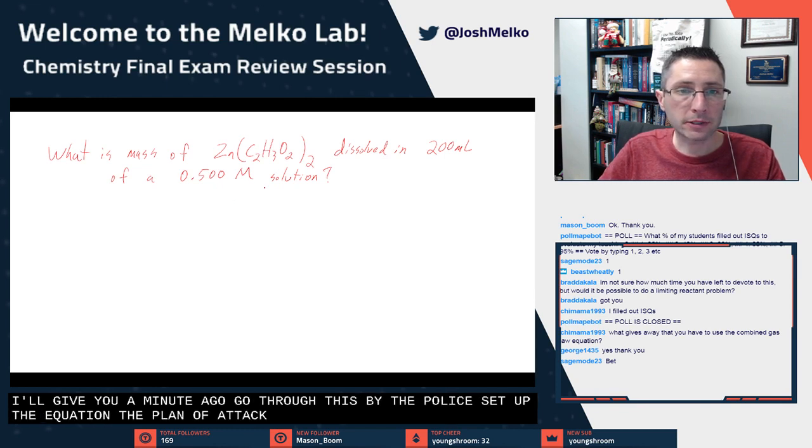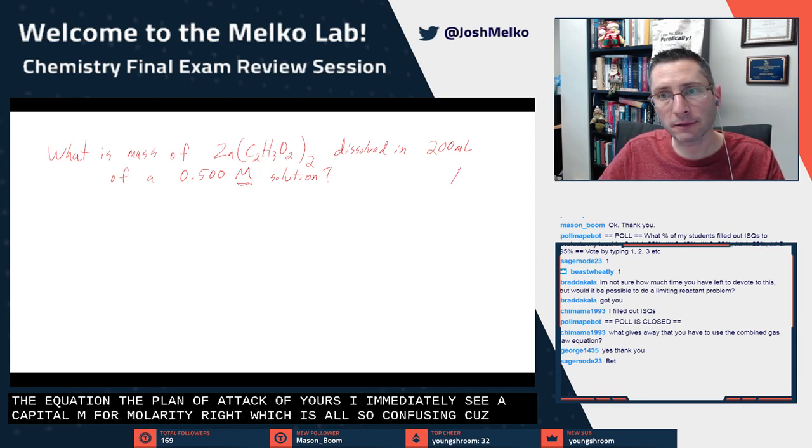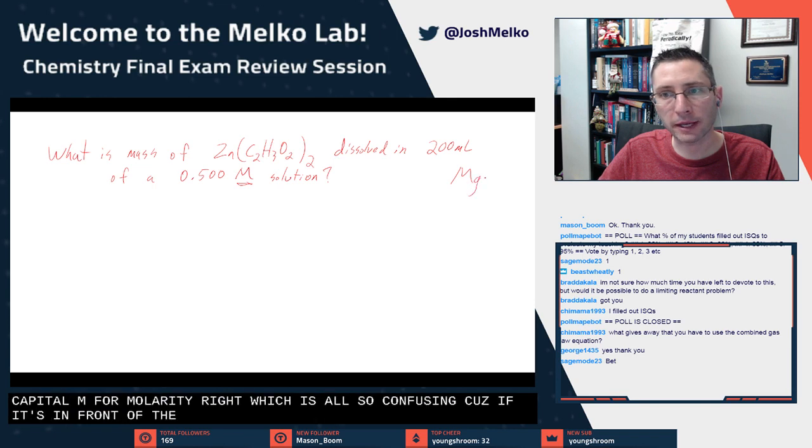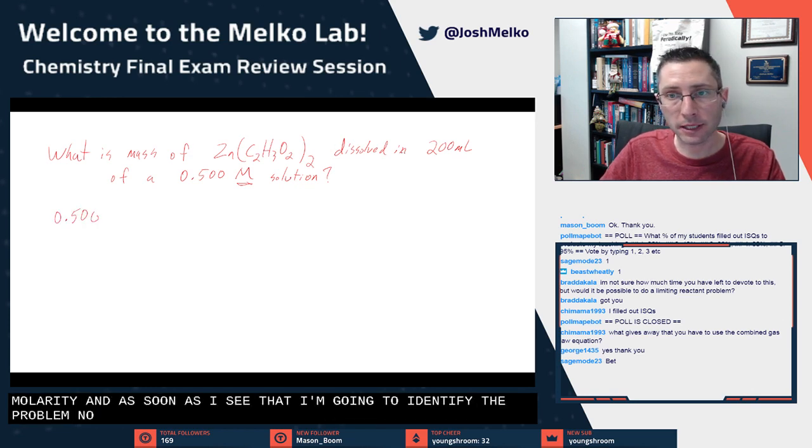The plan of attack here is I immediately see a capital M for molarity, right? Which is also confusing because capital M could also mean mega if it's in front of another unit like G, megagrams. But if it's just a capital M, it means molarity. I might think it's a dilution problem, but no, because it's not a change in volume.